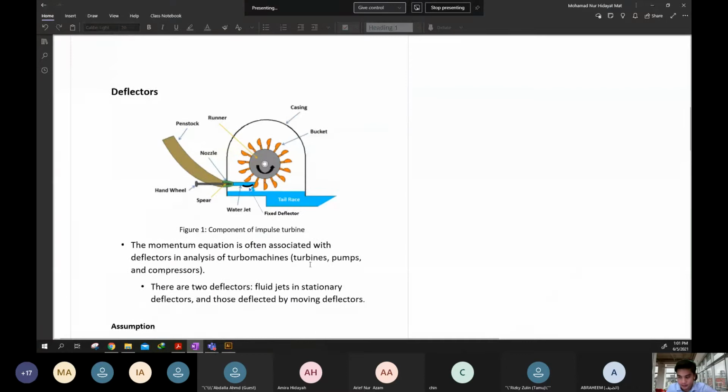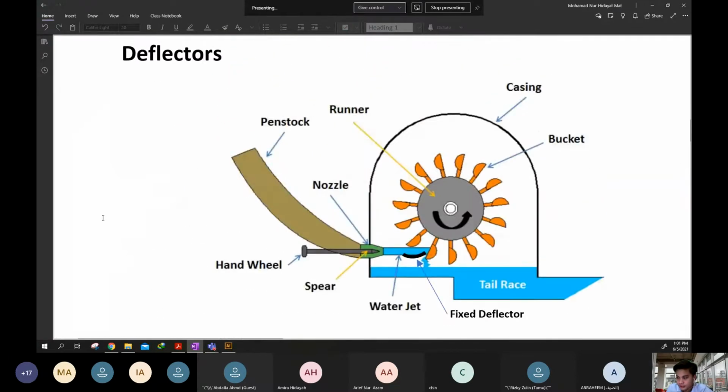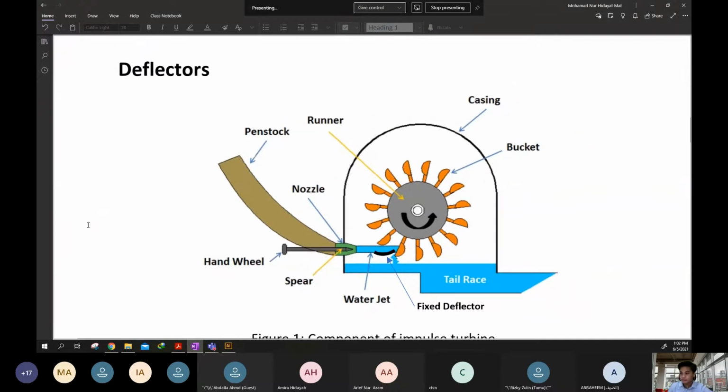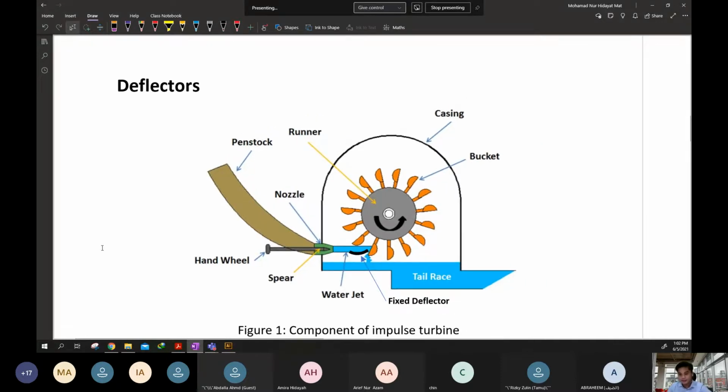So you can see here, this is the turbine. Anyone knows what's the function of a turbine? Okay, based on the energy equation. Energy equation said what?